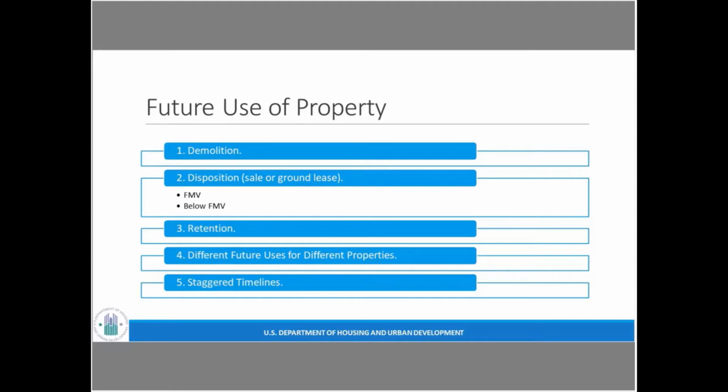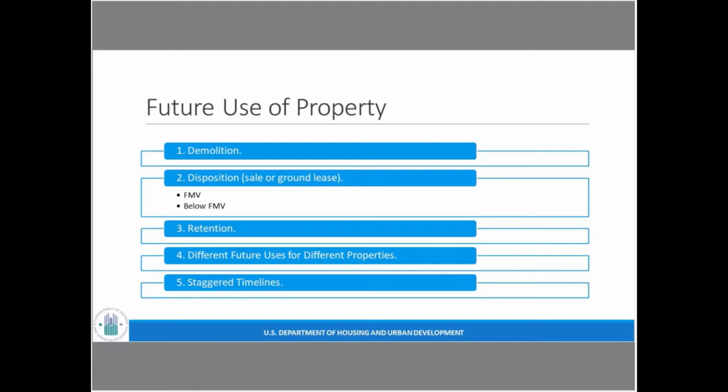That said, we want you to have a concrete and well-developed plan for the future use of the property. In some instances, it might be demolition only. A housing authority might say, conversion really makes sense here to convert the residents and the families under this authority, but we're not quite sure what we're going to do long-term with this property in terms of redevelopment or sale.